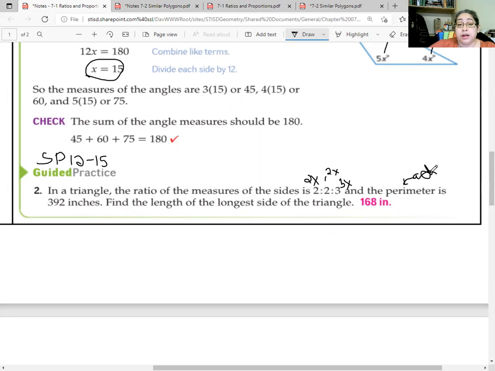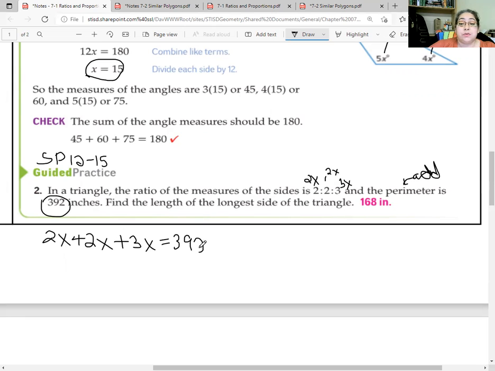The perimeter, 392. All right, so my grand total is 392. Since perimeter means to add all the edges, I'm going to add 2x plus 2x plus 3x, and that is equal to the total perimeter of 392.